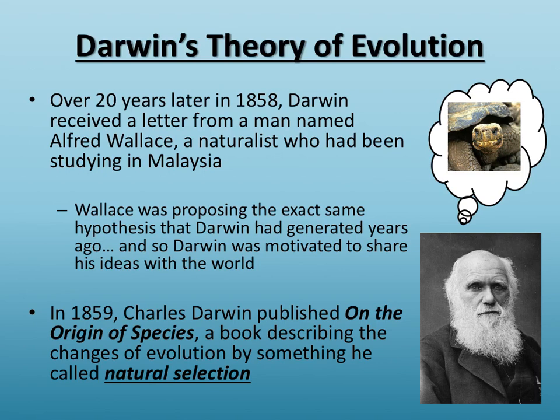Wallace studied organisms there and came up with his own theory that was almost identical to Charles Darwin's. Now, I'm guessing not many of you have heard of Alfred Wallace before. And the interesting thing is that Alfred Wallace, had he just published those ideas, he maybe would have gone down in history as our Charles Darwin.